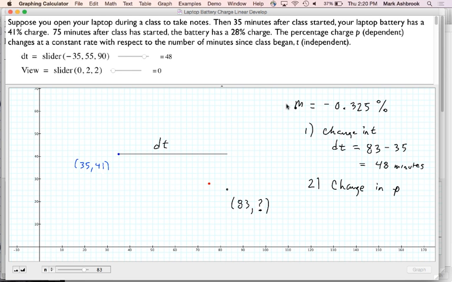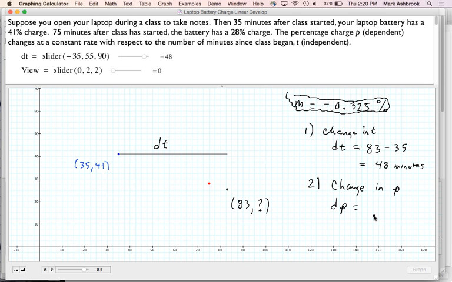We have the constant rate of change, right? By definition, the constant rate of change tells us that for any change in time, the change in percent is that rate times the change in time. And we've got the change in time, so it's all set up for us to do this. I can't do final minus initial because it's the final that I'm trying to find. I'm trying to find the final p, so I can't do final minus initial.